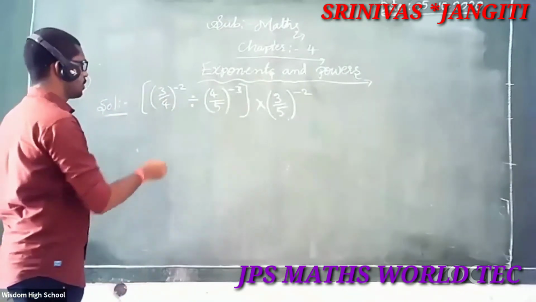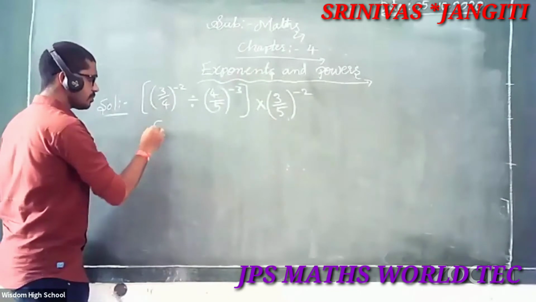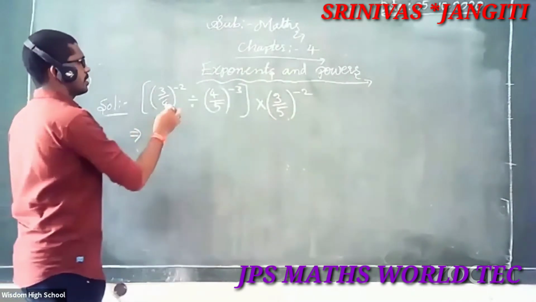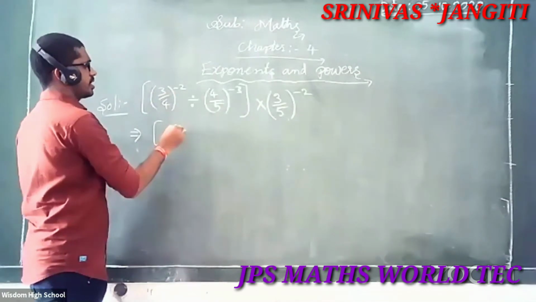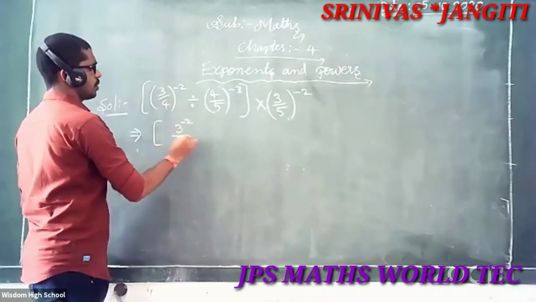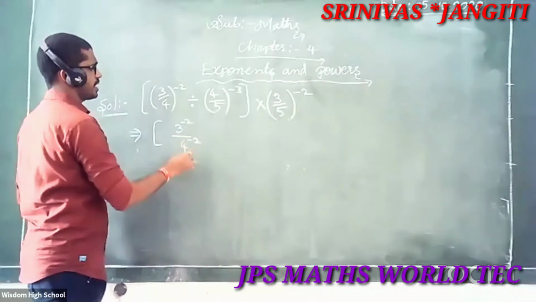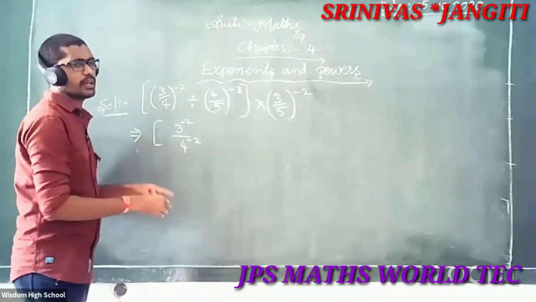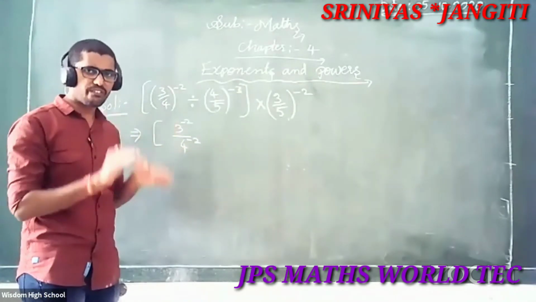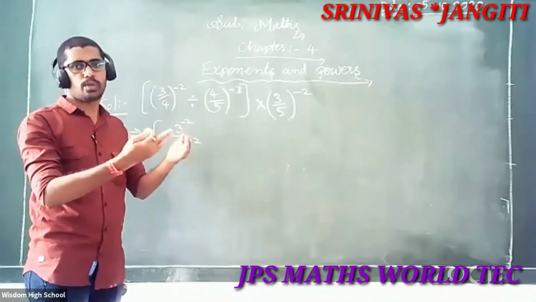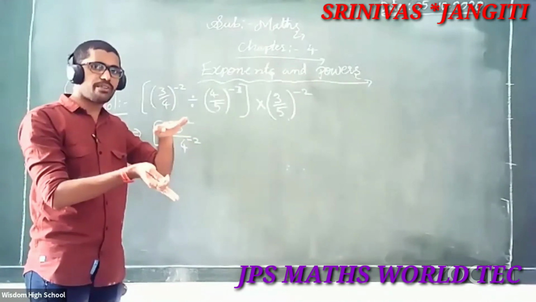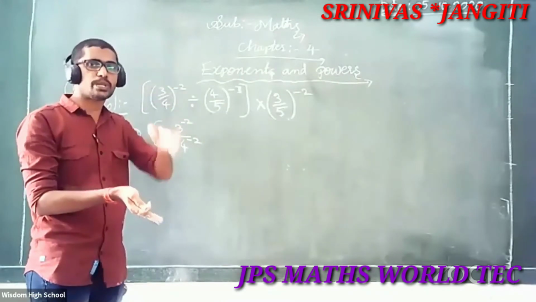Then observe here. First, what is here? Tell me. Yes, 3 to the power of minus 2 by 4 to the power of minus 2. What is applied here? x by y all to the power of m is x to the power of m by y to the power of m.